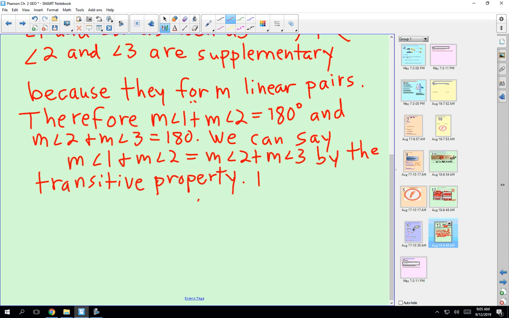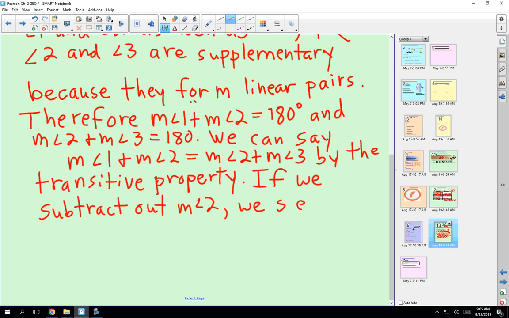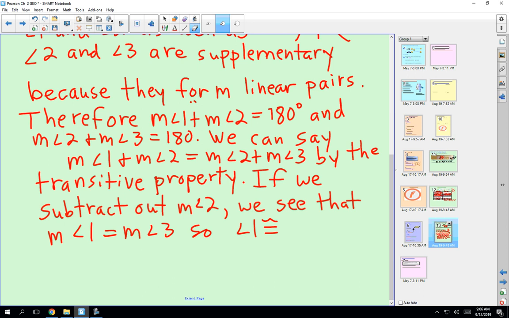So if we subtract out measure of angle 2, we see that measure of angle 1 is equal to measure of angle 3, so angle 1 is congruent to angle 3.